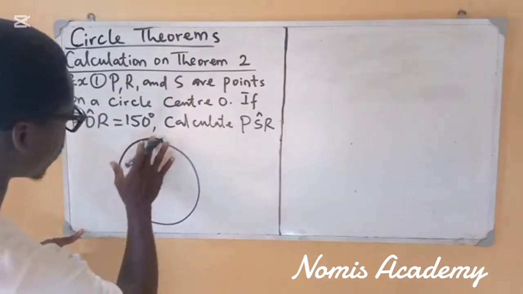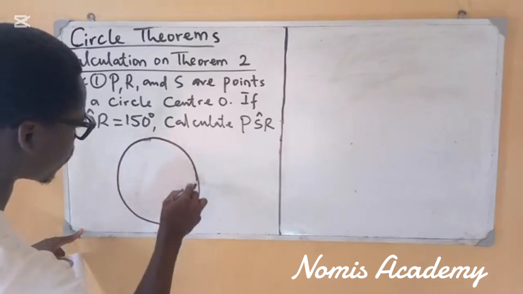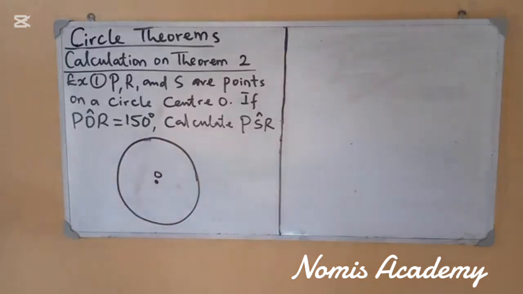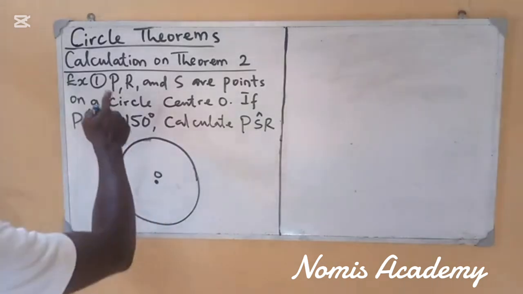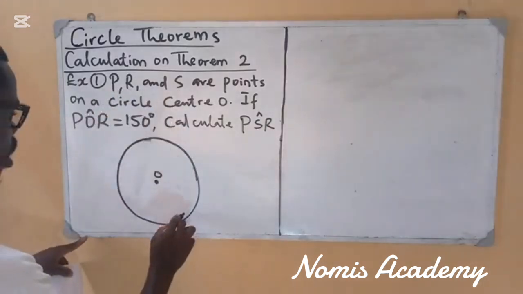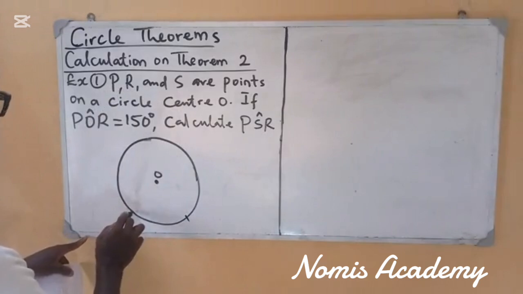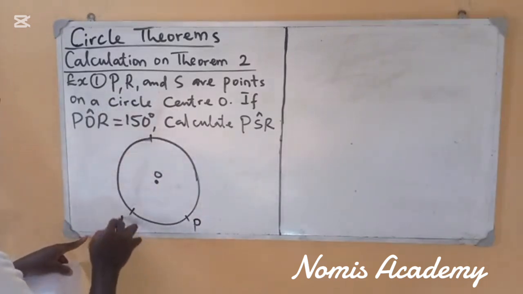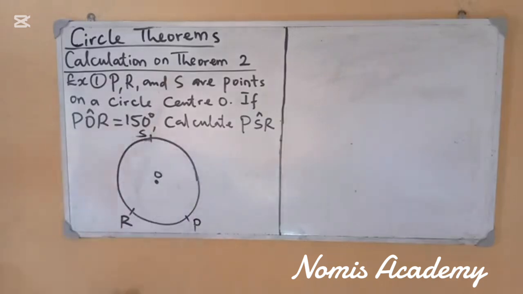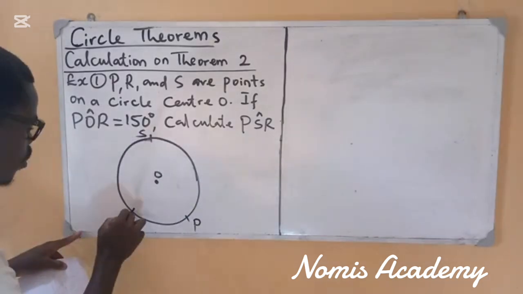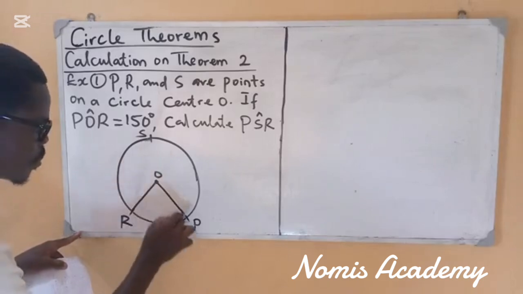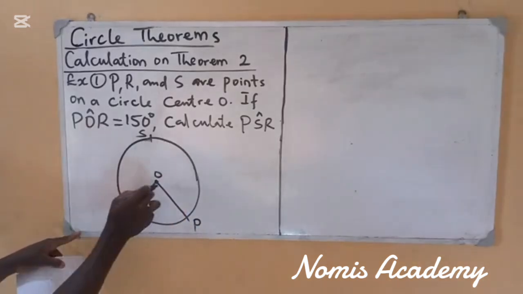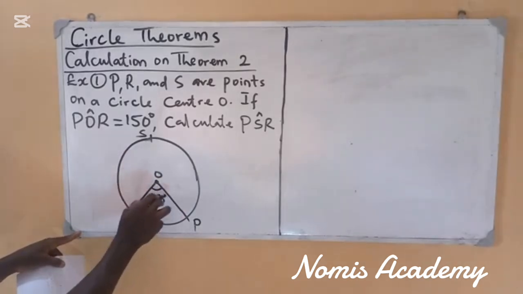Okay, so we can call here the center of the circle, which is O. Now they said 3 points P, R, S. So let me call here P, call here R, and this is S. So an angle is formed at the center, POR, which is 150 degrees.